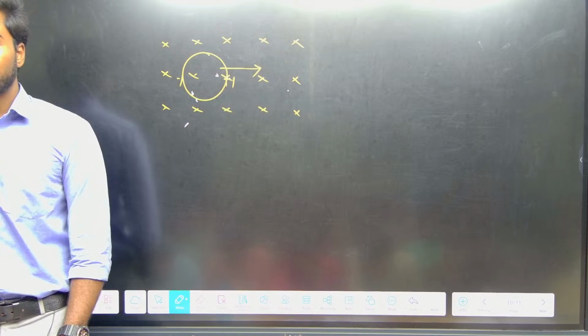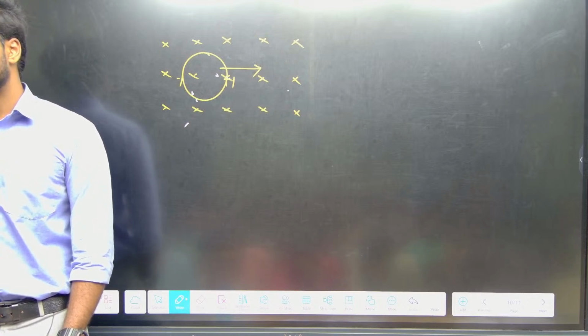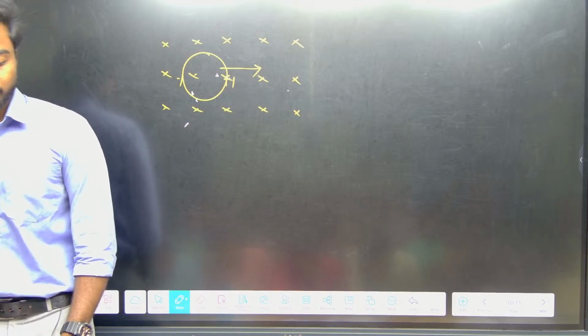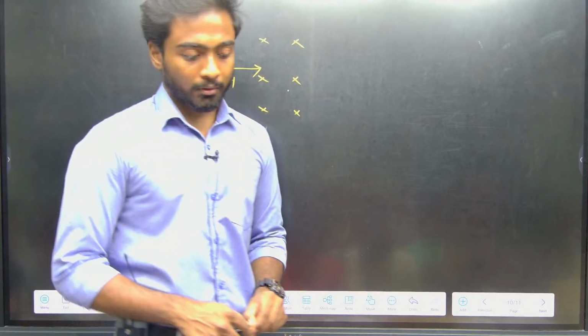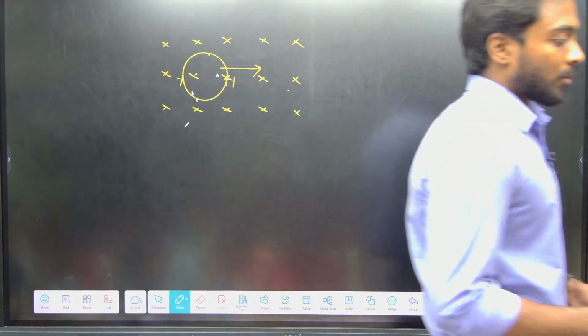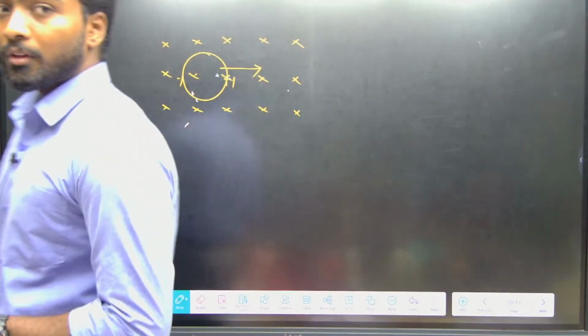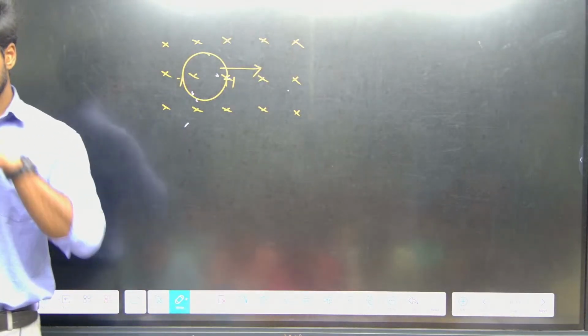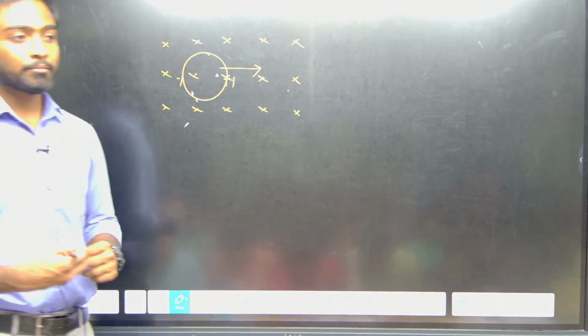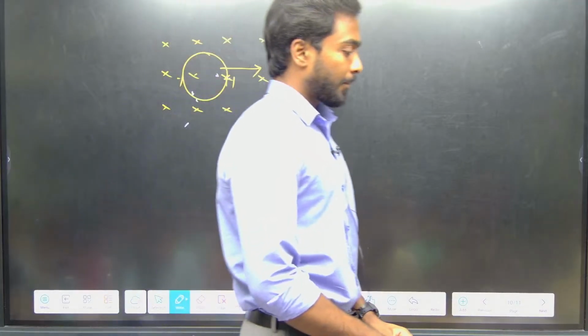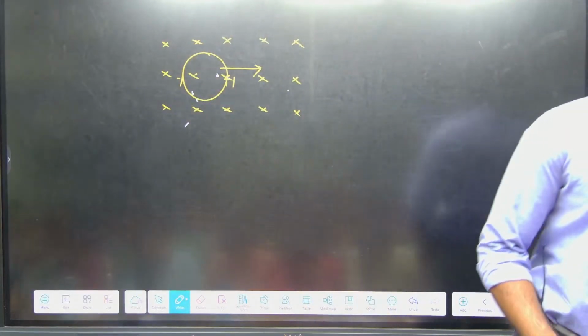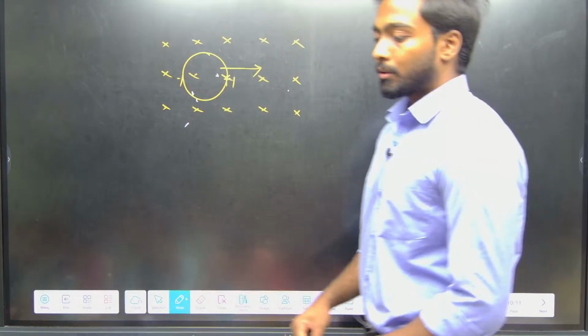So if induced EMF is 0, induced current also will be 0. So motional EMF has been completed. Now the rotational EMF.